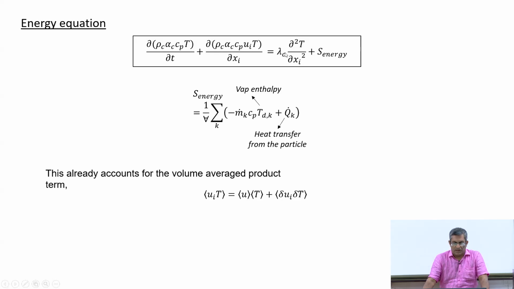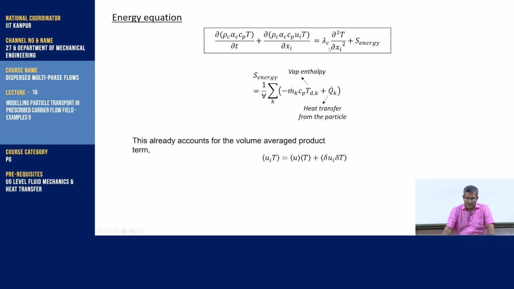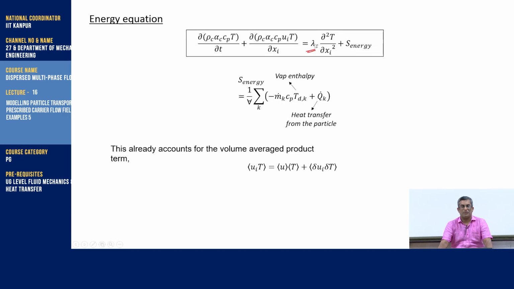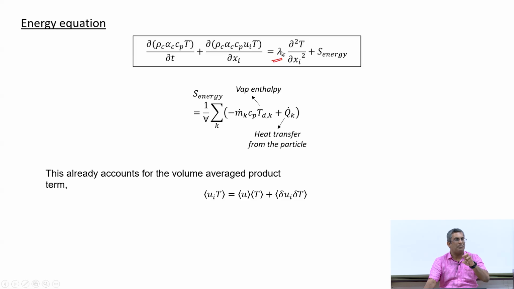And this one is the diffusive heat transfer. However, there is a concern here. This parameter lambda c represents the thermal conductivity, but it actually represents the effective thermal conductivity of the fluid and particle system together.